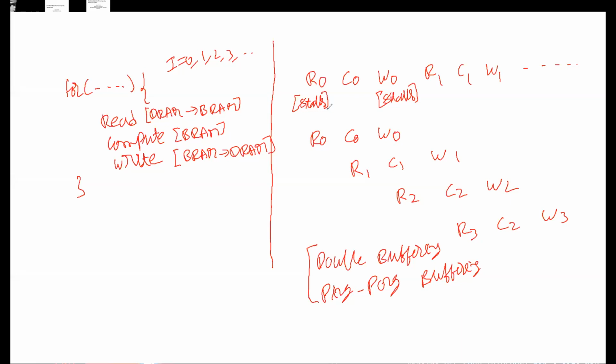The challenge here is this kind of matching. I wrote it nicely so that C1, W0, and R2 look like they are the same amount of work. But depending upon the buffer size and the kind of computations happening in the core in this loop, we have to match these sizes.